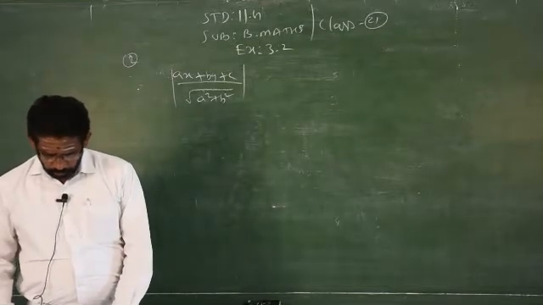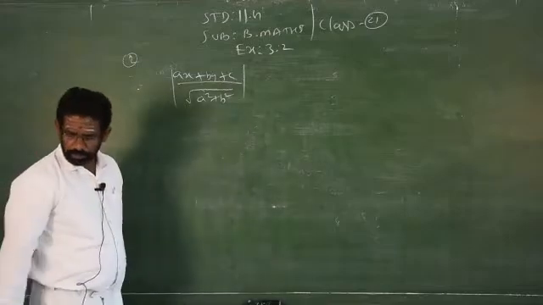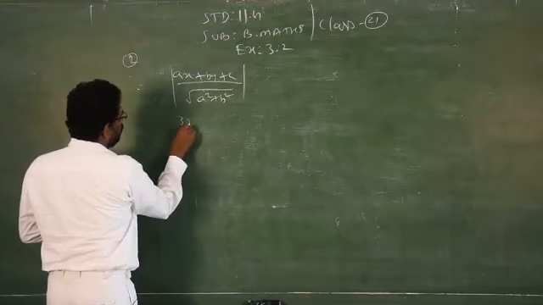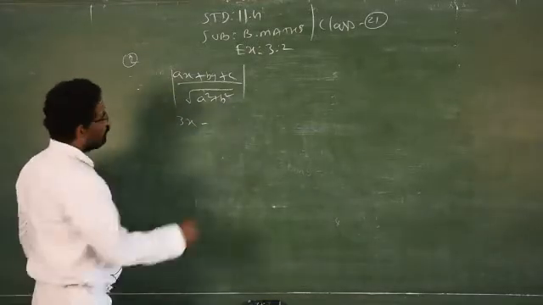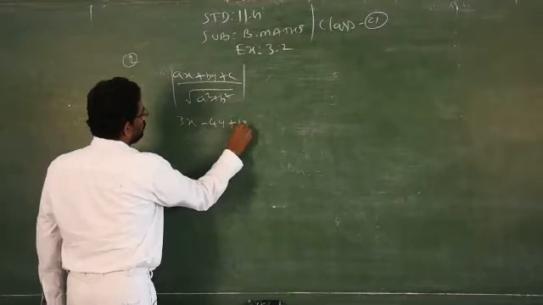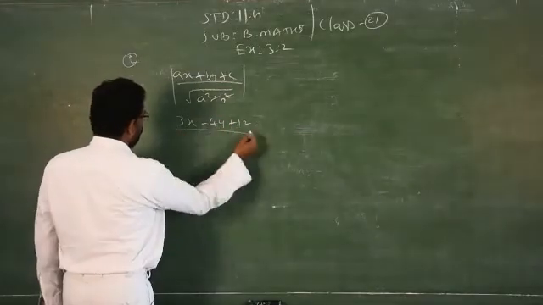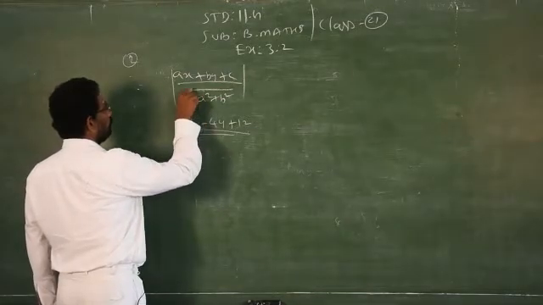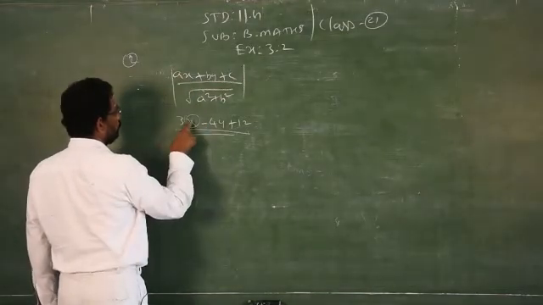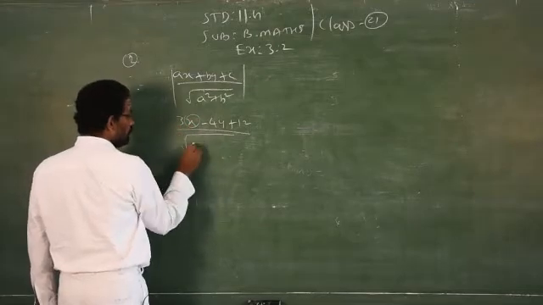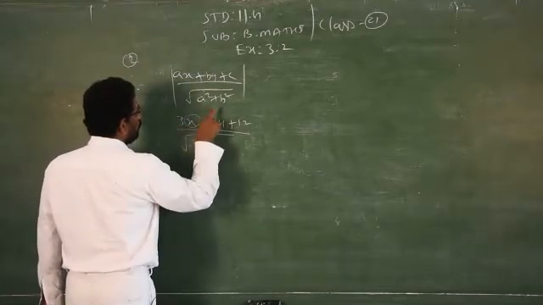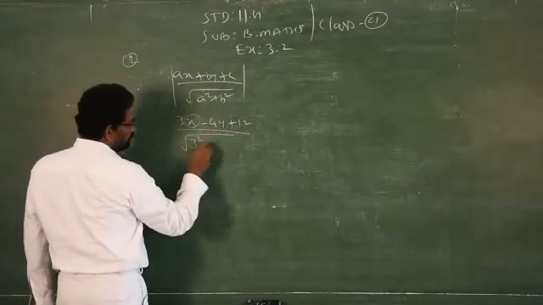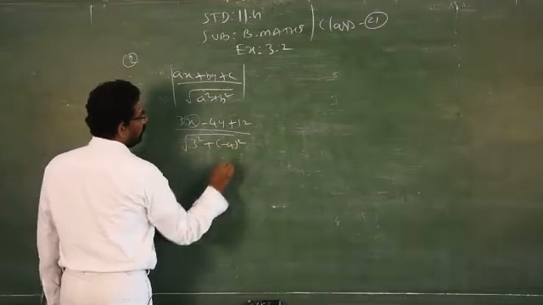Now, what equation is given? 3x minus 4y plus 12. Replace this by the given straight line, 3x minus 4y plus 12, by square root of, according to the formula, the coefficient of x is called a. The coefficient of x in this equation is 3, so 3 square. The coefficient of y is b, which is minus 4, so minus 4 the whole square.